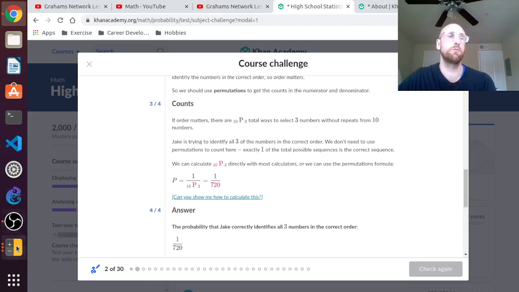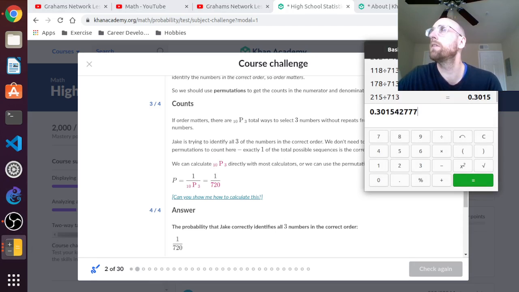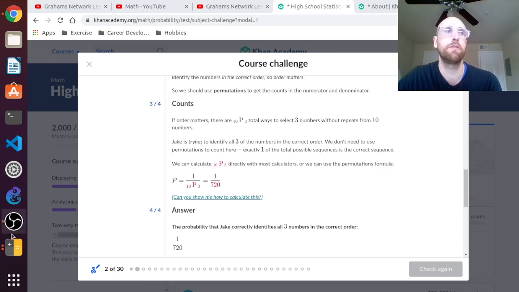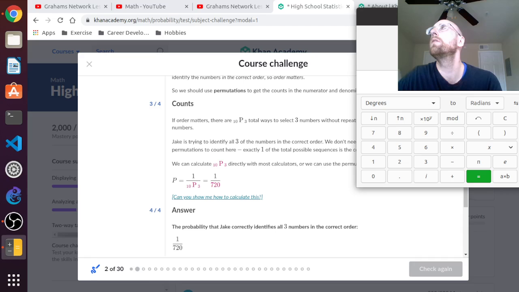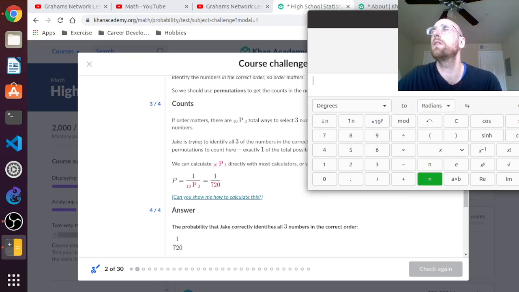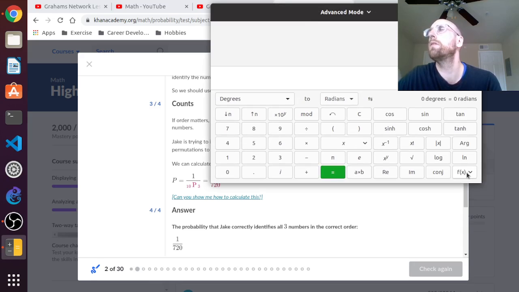Oh, okay. It looks like what they're saying is that calculators have built into them the... So if I were to go to advanced mode, I don't see it.